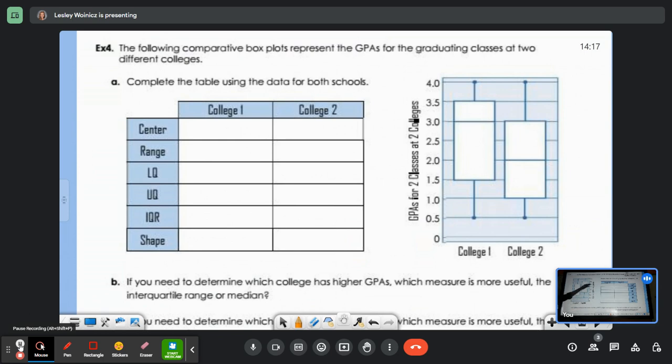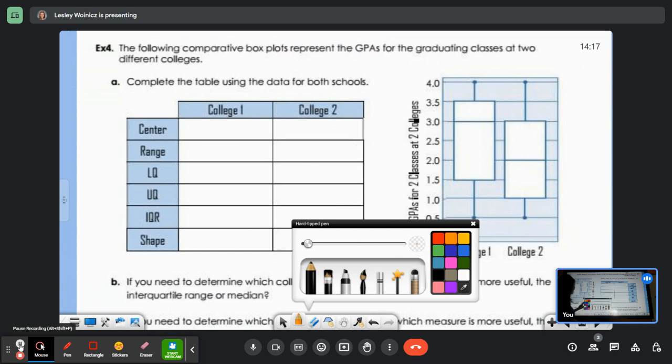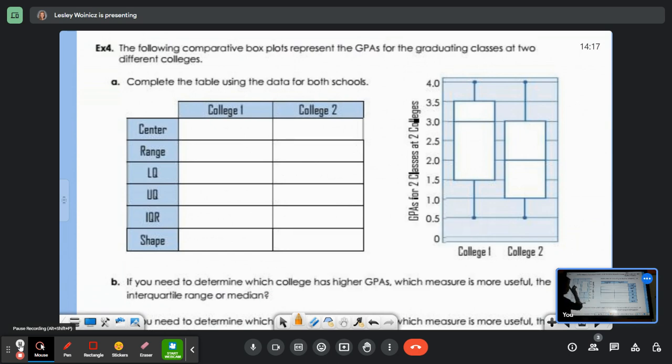So we're going to identify all of these things for each college and then answer some questions. All right, where is the center for College 1? 3.0, good, right there. Okay, what about for College 2? Where is the center for College 2? 2.0. Okay.